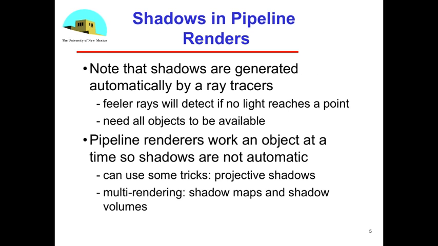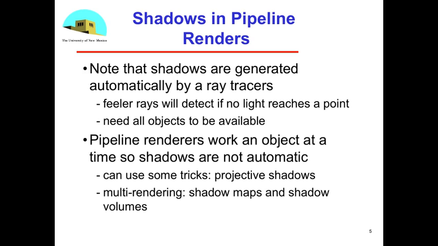But we're using a pipeline renderer, and pipeline renderers work an object at a time. If you think back to some of those images I had at the beginning when we started talking about general approaches in the synthetic camera, we looked a little bit at ray tracing, because it was a very natural way to look at things that was very close to physically just following rays of light.